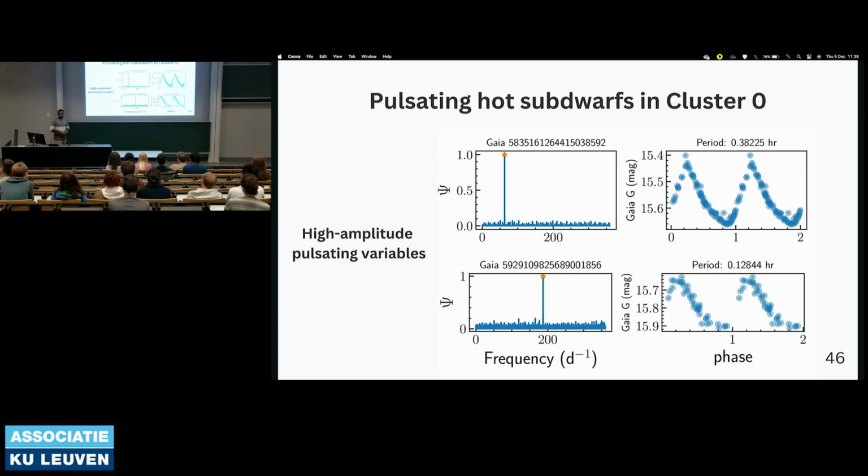So we want to understand this, and having many non-pulsating objects is very useful to understand pulsating hot subdwarfs in general as a population study.